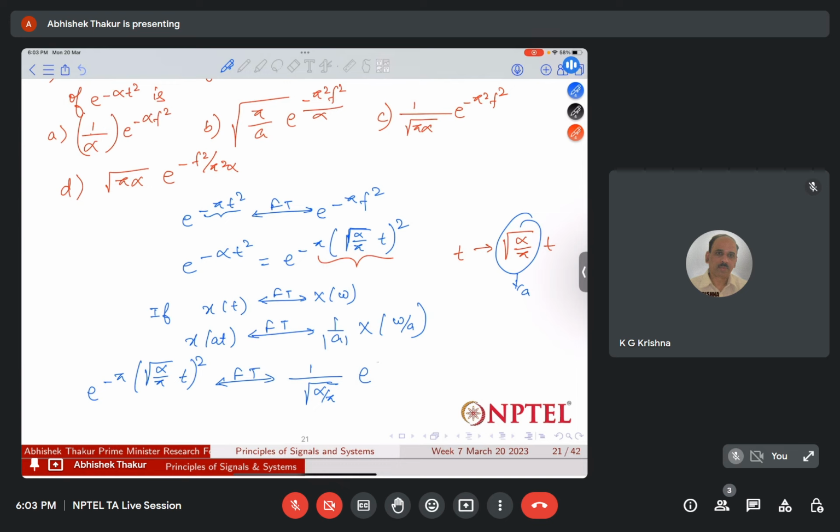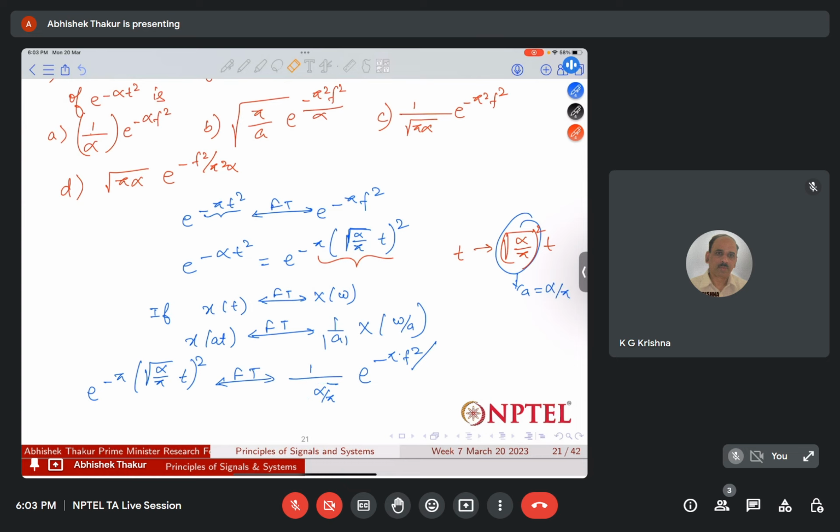So e to the power of minus pi f square by a square. What is our a here? Here it is like e to the power minus pi t square, so a is under root of alpha by pi, and a square will be alpha by pi.